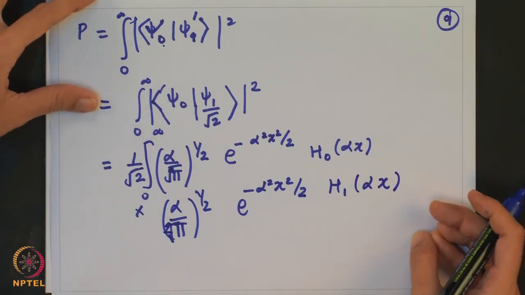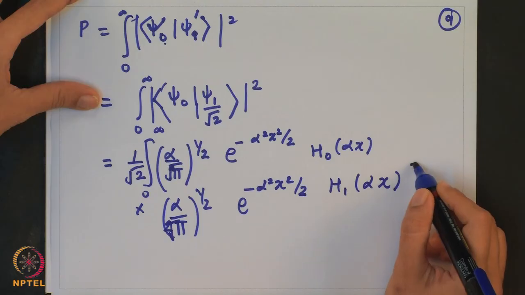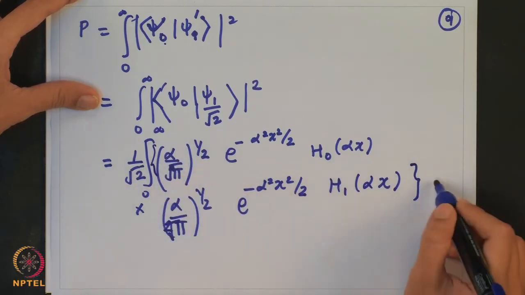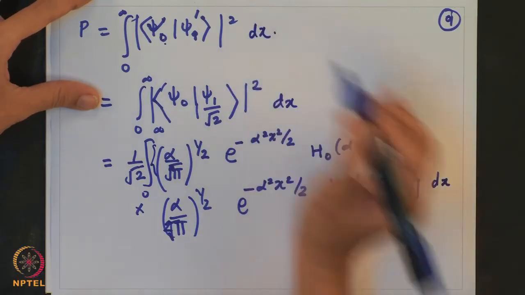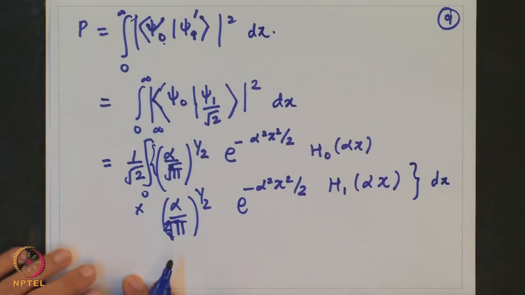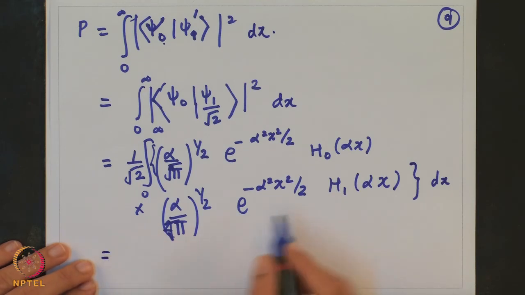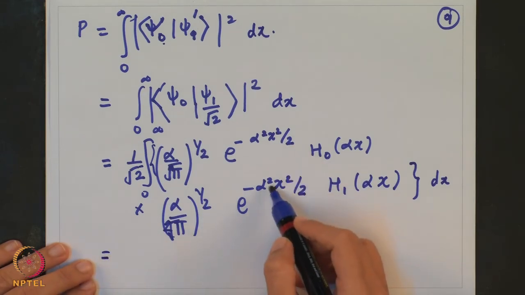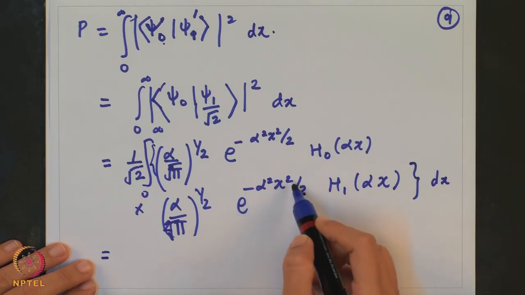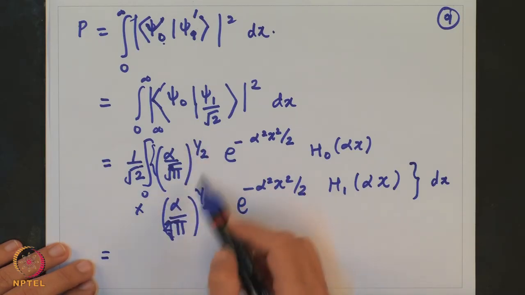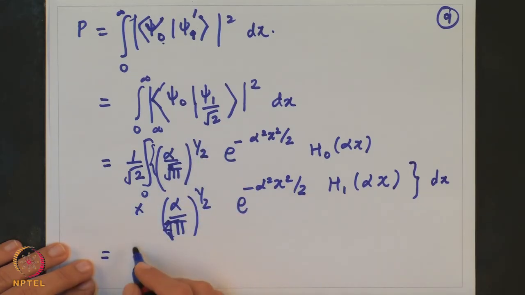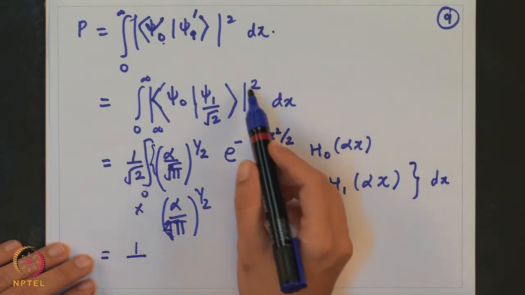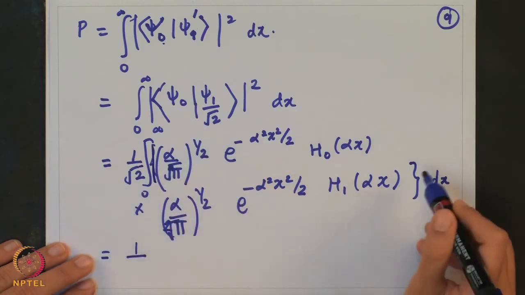So, now in order to simplify this entire thing, multiply by dx. I have dropped that in all the places. Now, we need to simplify this further. So, here we can see we will have e raised to minus alpha square x square, and this part of the integral will also get simplified, and you will be left with square root of, there is a whole square in this, right.